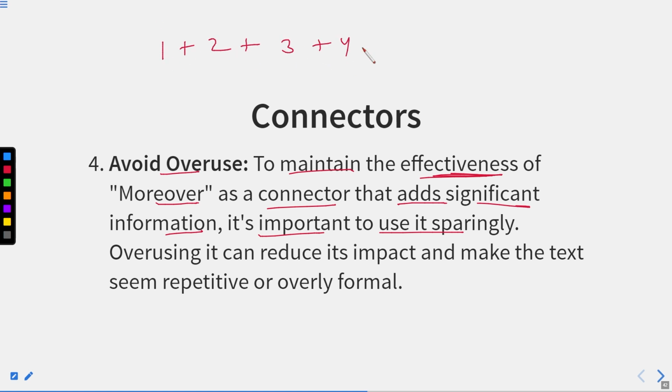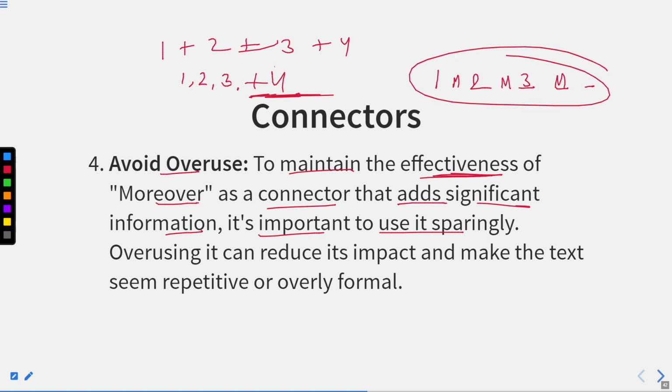Okay, now this will be the concept. Now we can write this in this manner: 1, 2, 3 and 4. Or you can say plus 4. So here we can make a full stop, and here we can use moreover, and after that we'll make another sentence. But if I say 1, then moreover, then 2 clause, then moreover, then 3, then moreover, then 4, this will ruin the line.